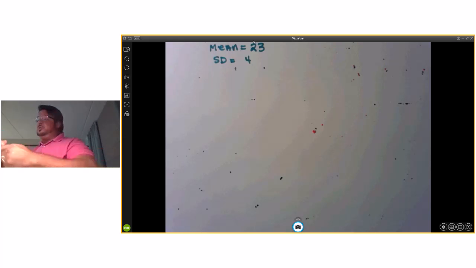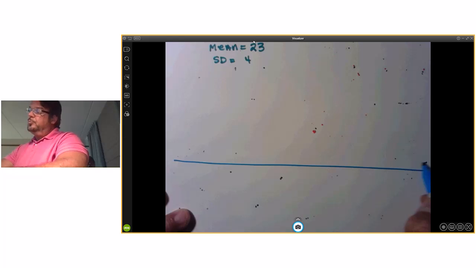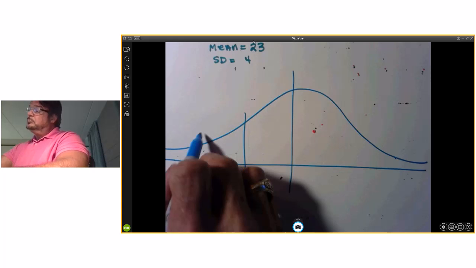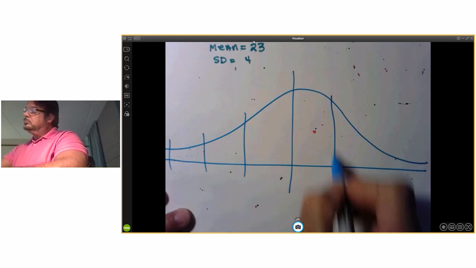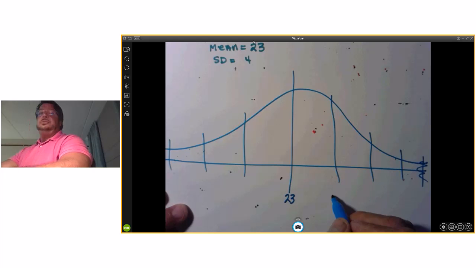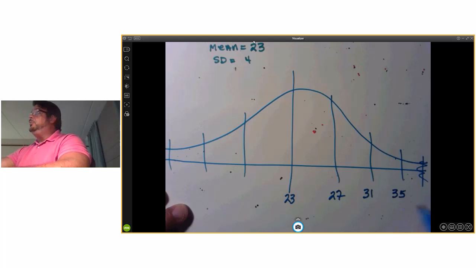And I'm going to draw a curve. Well, that's too much, but don't have to worry about this one. All right, so the mean is 23, and 23 plus 4 is 27. 27 plus 4 is 31. 31 plus 4 is 35, and you can keep going if you want to.